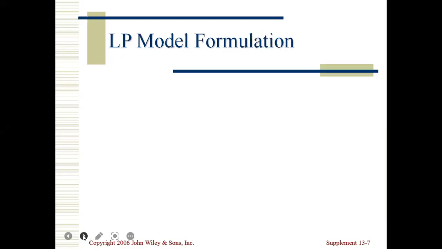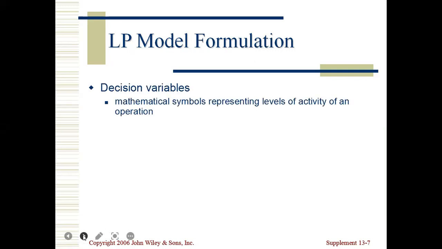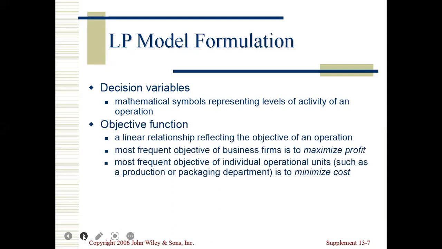Then, linear programming model formulation. Decision variables are mathematical symbols representing levels of activity of an operation. The objective function is a linear relationship reflecting the objective of an operation. The most frequent objective of a business firm is to maximize profit or minimize cost or maximize revenue.